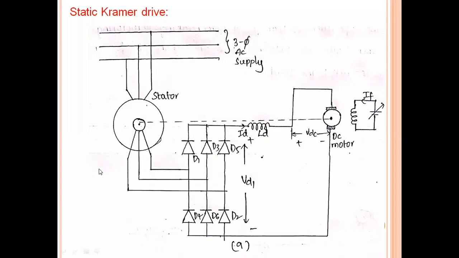Generally, due to the inertia present in the rotor, because of the weight of the rotor, some speed drop will be happening on the rotor due to the inertia of the rotor part.